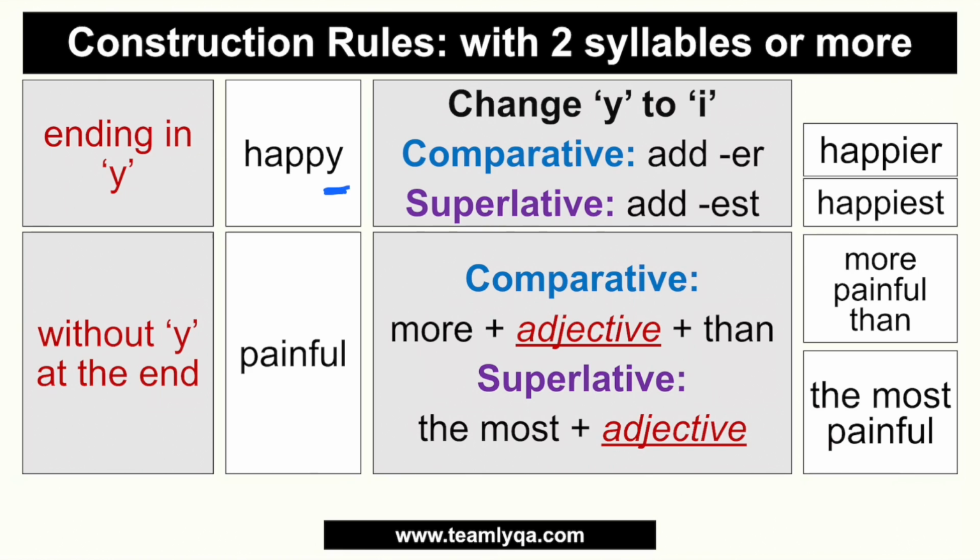Now, if you notice, may common theme siya dyan. Ang common theme niya is that ang comparatives usually have the R or ER. Ang superlative has the S and then the EST. Doon dito sa form na ito na without Y, you would see nandito pa rin yung R, andito pa rin yung ST. Sa more at most.